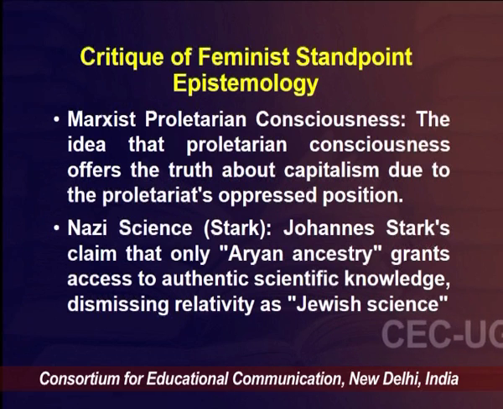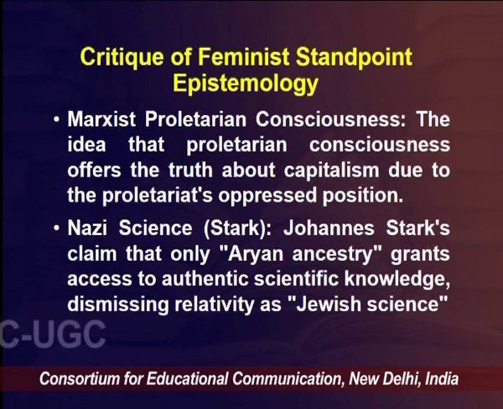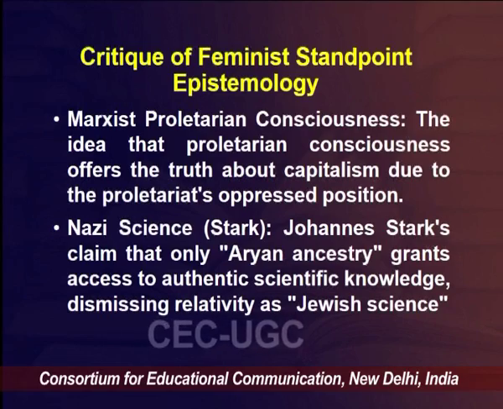Stark, that is Johannes Stark, claimed that only Aryan ancestry grants access to authentic scientific knowledge, dismissing relativity as Jewish science. So, what the author wants to say is that it is not only in feminist methodology that the oppressed's own experience is being privileged; it is found in other similar approaches or perspectives as well.